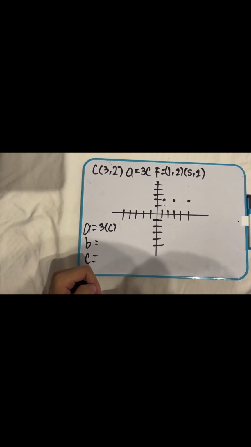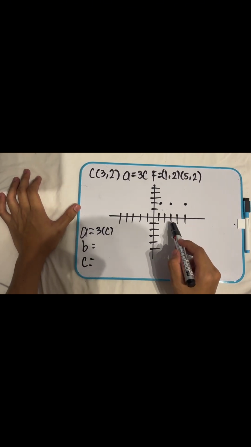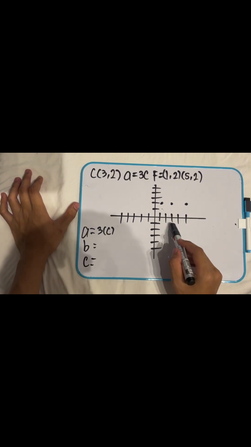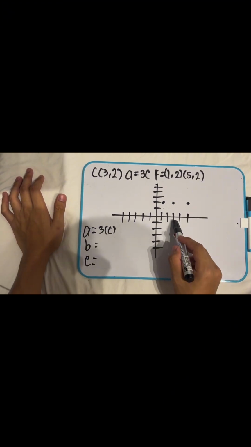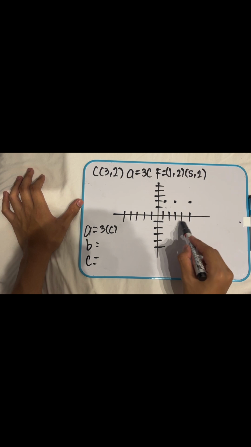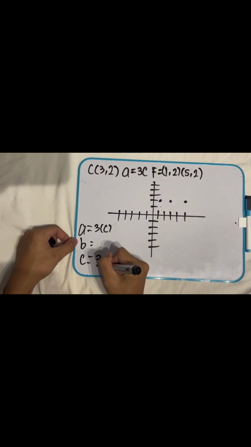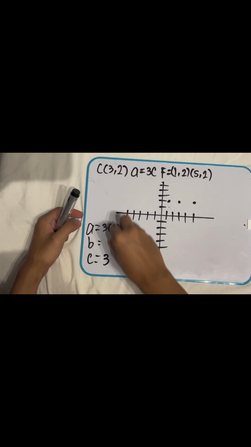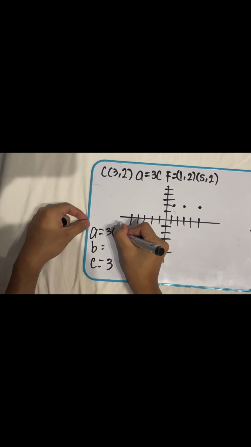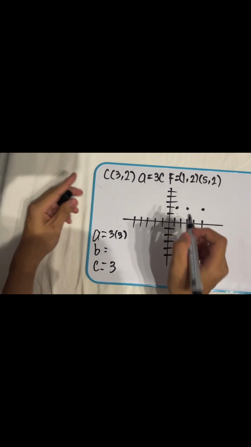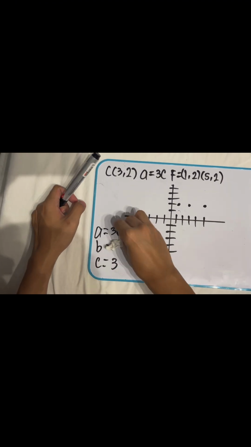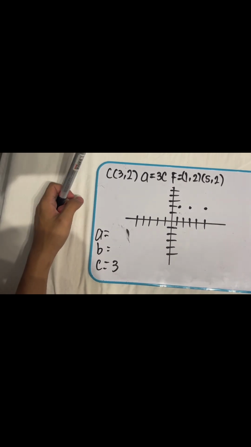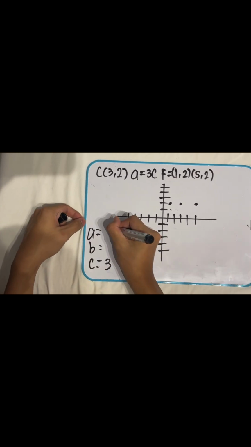Our c is the distance from the center to our foci, which is 1, 2, 3. So that's our c. Write this down as c. So 3 multiplied by 3 is 9.